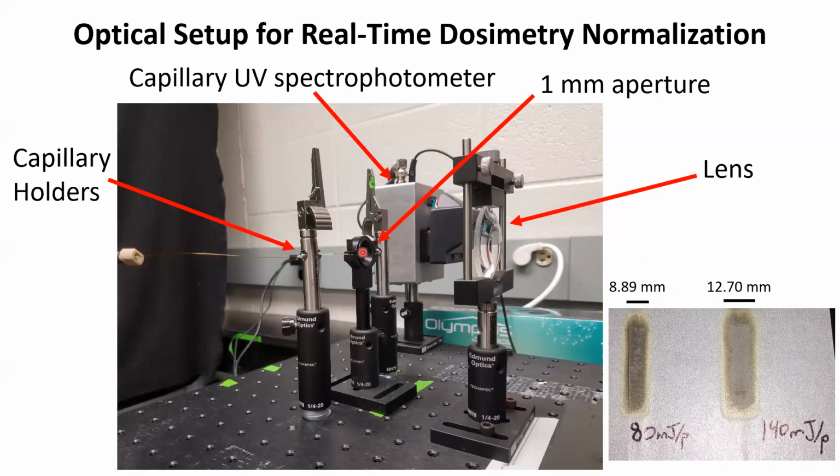So with the aperture, even if the laser drifts a little bit left or right from shot to shot, the amount of the laser that makes it through the aperture remains stable and dictated by this aperture. This now allows us to either turn up our laser output or even change the focal plane of our lens to change the fluence of our laser at the capillary and compensate, increase, and make more or fewer hydroxyl radicals without having to recalculate our flow rate through the syringe pump.